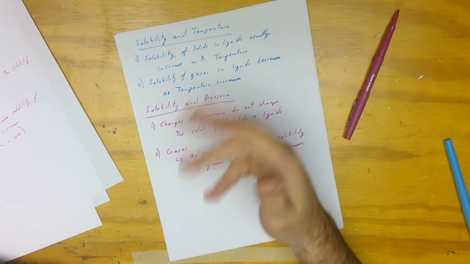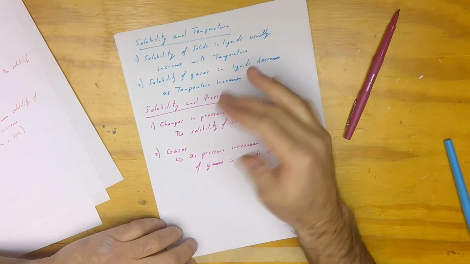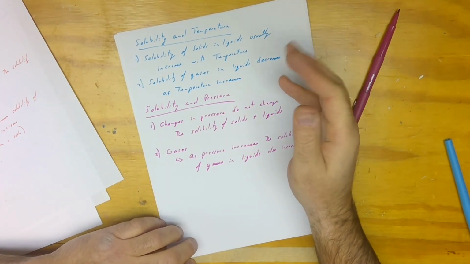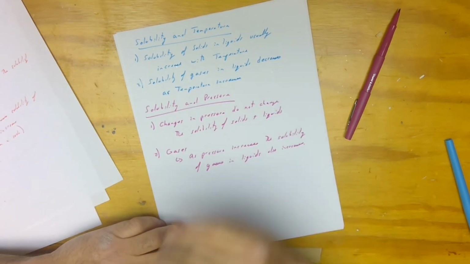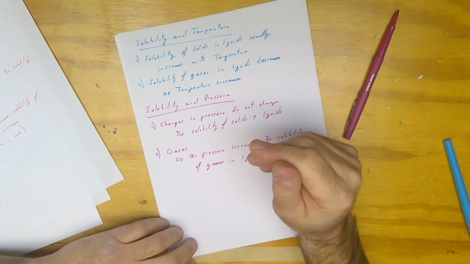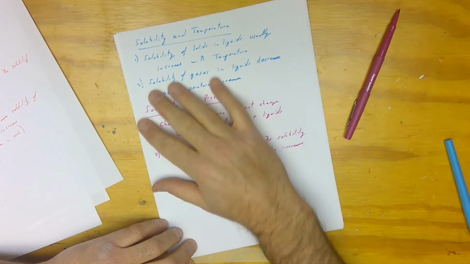That fizz is the carbon dioxide coming out of the soda. The reason it's coming out is we've decreased that pressure quite a bit. Once we decrease that pressure, the solubility of the carbon dioxide goes down, and it comes out of the soda. Just some examples.